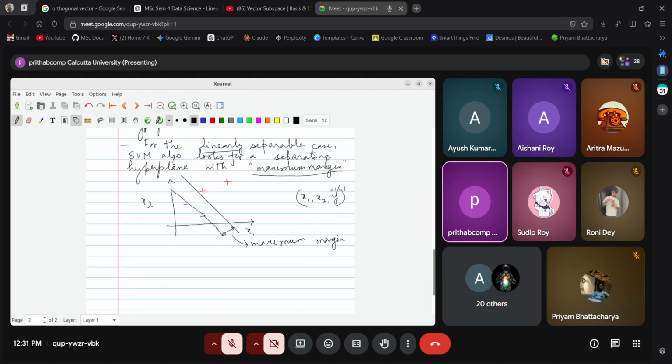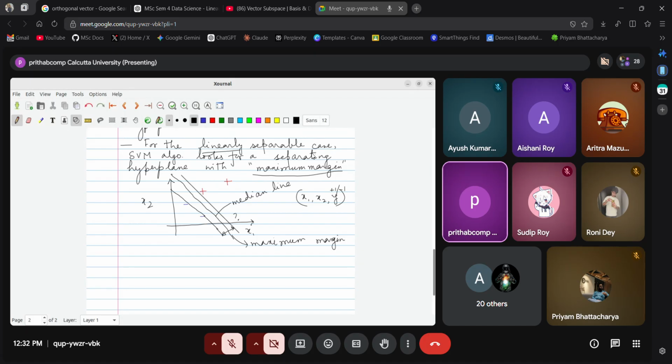Okay. So what is this maximum margin? It separates the two classes such that the distance between these two classes is maximum. Okay. So in order to do that, we define a median line over here. So this is the median line in this region.